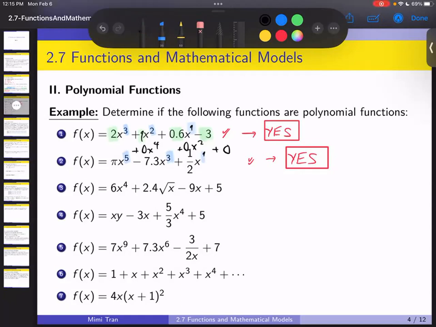What about number 3? Is it a polynomial? No, she shook her head. She said no. Why no? Yeah, the square root of x. What does it mean?